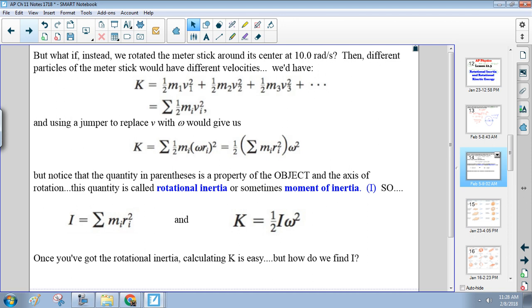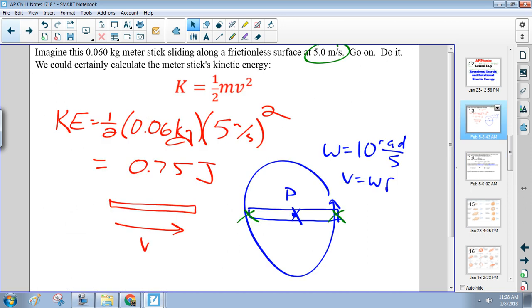You need to imagine the meter stick as a collection of particles that span along its length. You've got a particle here, a particle here, a particle here. Because they have different radii, they're going to have different velocities. The farther out you get, the faster the particle moves. We also need to consider these particles.